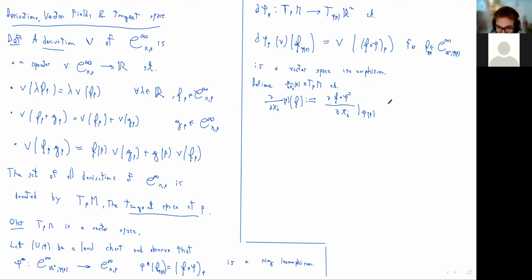This is for f in C infinity of M at p. So while this is just a symbol on the left, this is really the derivative. Let me actually write it down. Symbol, true real derivative.